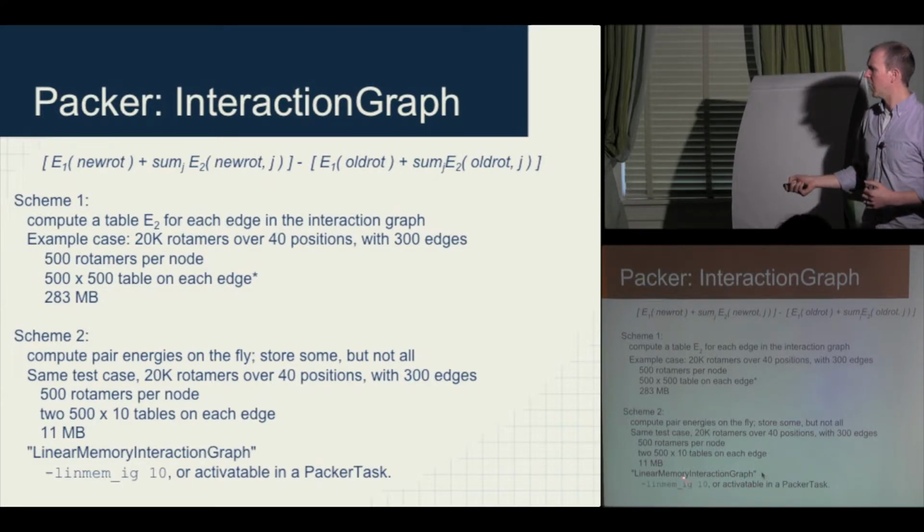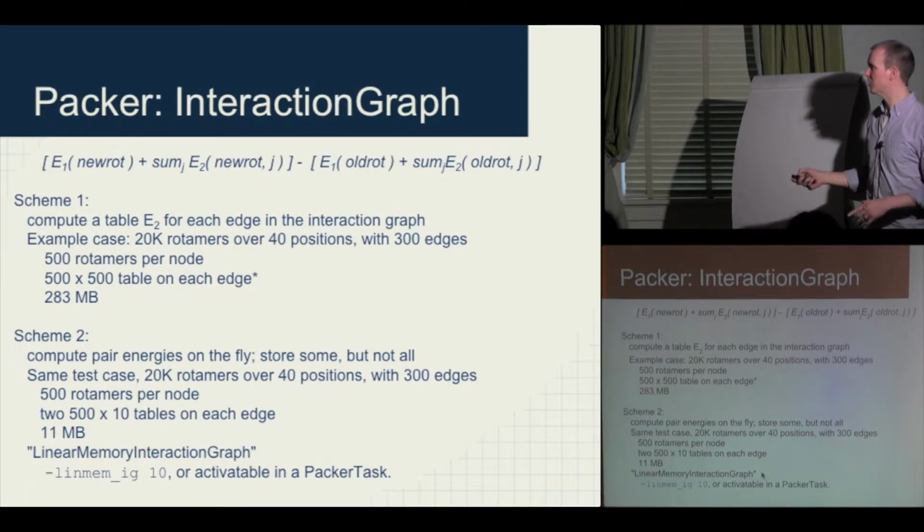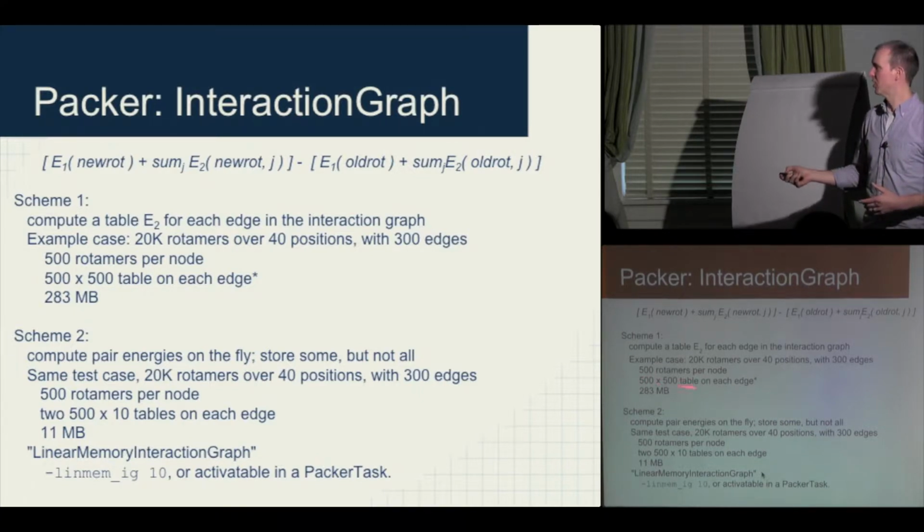The reason for this is that during packing, you don't have the chance to look at all of the pair energies that you compute. So starting off by computing all the rotamer pair energies, storing them, and then not looking at them, you waste a lot of time in this setup and storage.